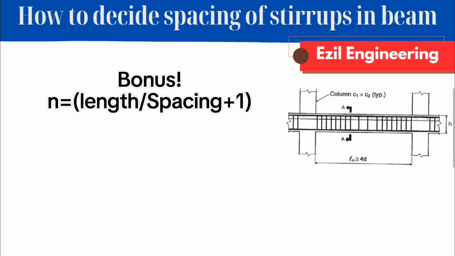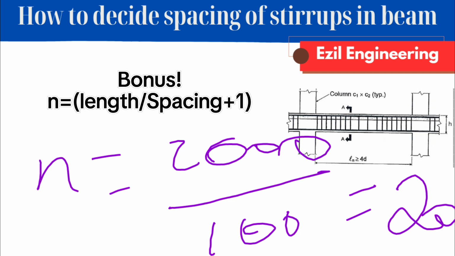So the total number of stirrups is equal to 2000 millimeter divided by the spacing, which is D over 4, or 0.4 times D, which is 0.4 times 4, which is 100.